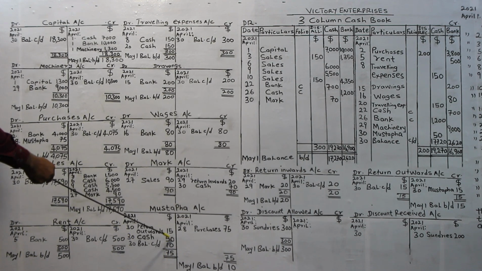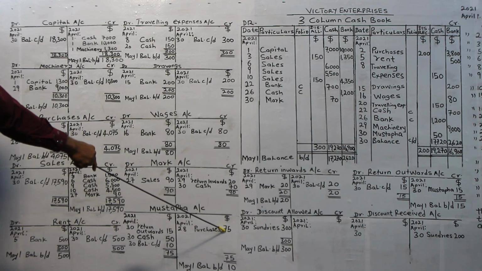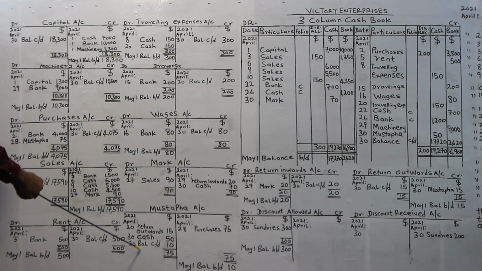Now, the total amount that Mustafa has received or that has been given to Mustafa directly or indirectly is $15 plus $50, which is $65. Since Mustafa has received $65 out of $75 goods purchased from him, his balance remains $75 minus $65. Now the balance carried down, which is the closing balance, is $10 on 30th April 2021.